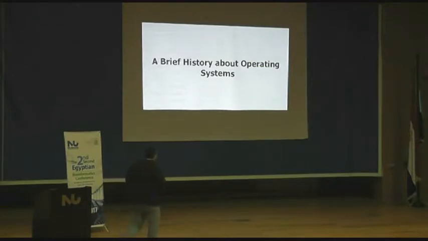Okay? So in history, the operating system started as a custom-made program to run on specific hardware. It was designed like that. There was no real line between the system resource management, which is the role of the operating system, and the applications running on top of it.